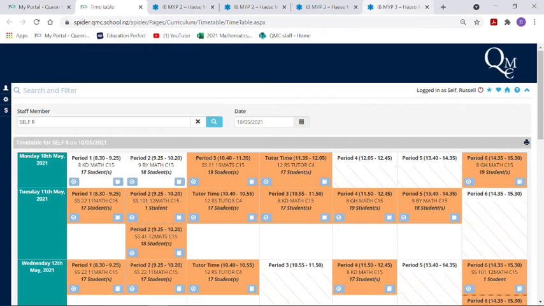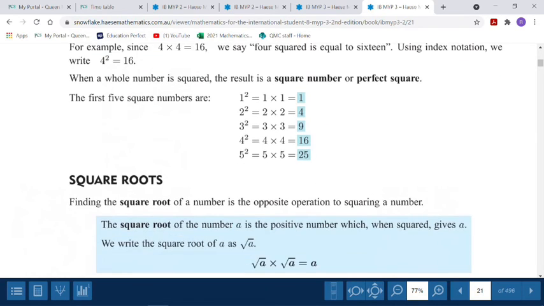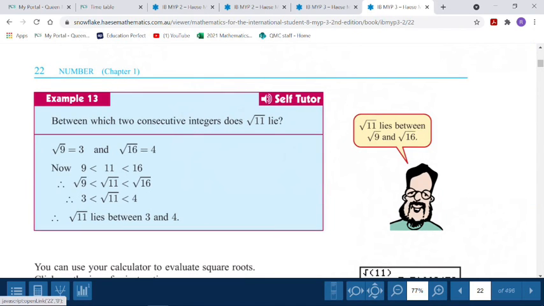Good job. Okay, good. So here we're talking about square numbers and square roots. Again, a number is squared when it's multiplied times itself. And you see they did part of the chart with the squares and the numbers. Here they're introducing the symbol, square root of A, which just means what number times itself would make the thing underneath.